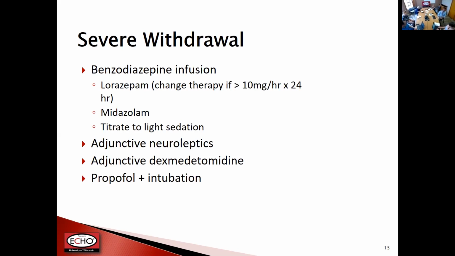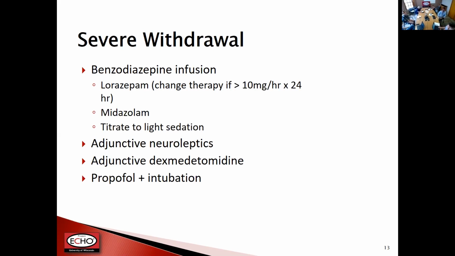Already made mention of adjunctive neuroleptics, which don't treat the alcohol withdrawal, but which may assist in behavior management if agitation is interfering with care. We're also seeing a lot more use of adjunctive dexmedetomidine or Precedex, which is an alpha adrenergic agonist agent that can provide some sedation, calming effect.